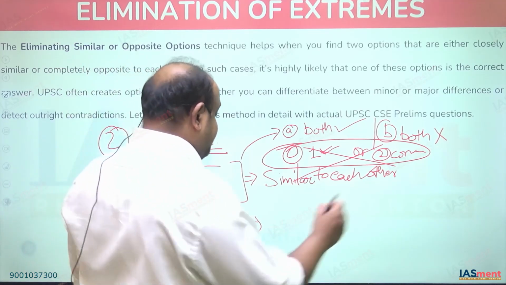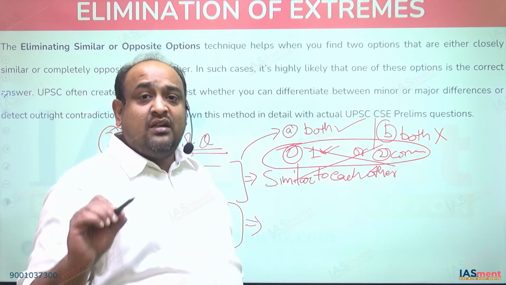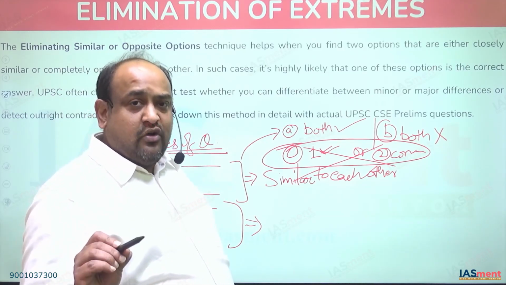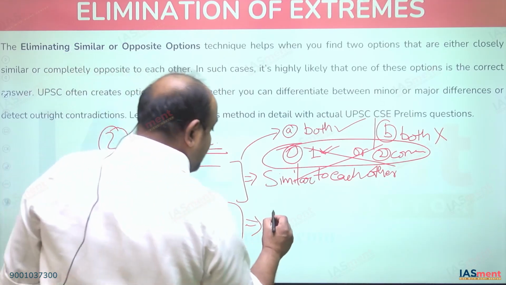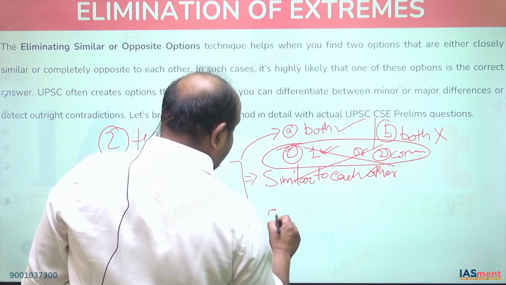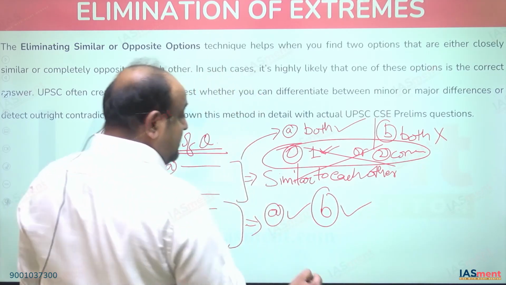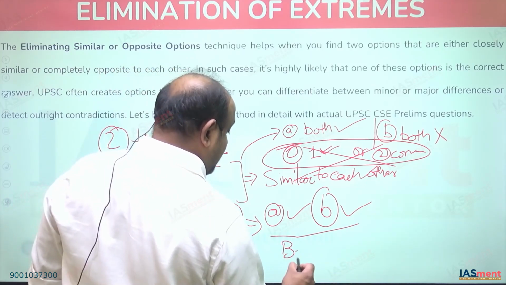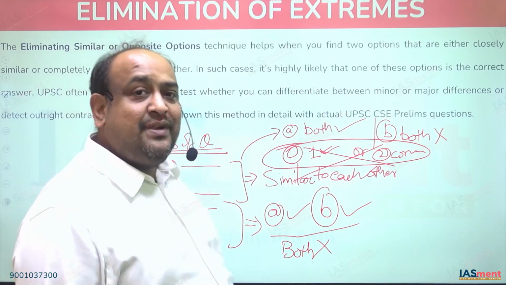Here, three kinds of answers can be drawn, but the maximum possibility is that it will be either statement A correct or statement B correct. And the third possible option can be that both are wrong, but both cannot be right.